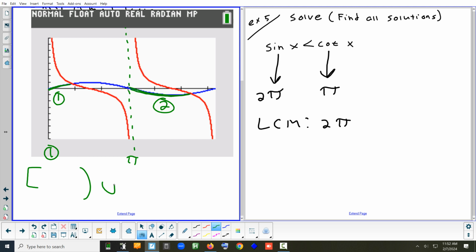I don't think we can include it because that's an asymptote. If you include it, how do you know that that's below the red one? You have nothing to compare the red one to because it's at infinity. When I put it into the graphing table, it says error when I put pi in. It'll say error for the cotangent, for the red line.